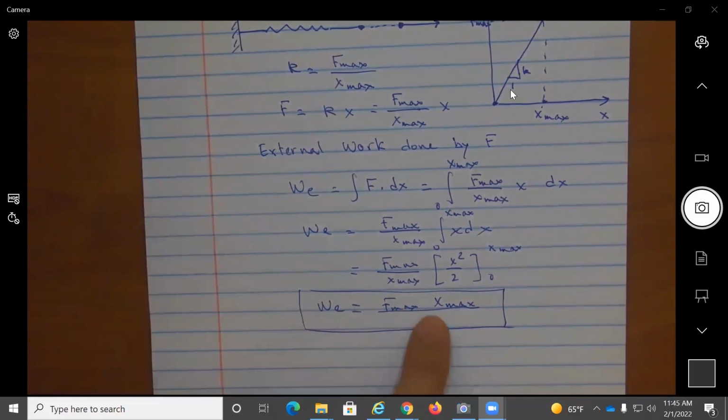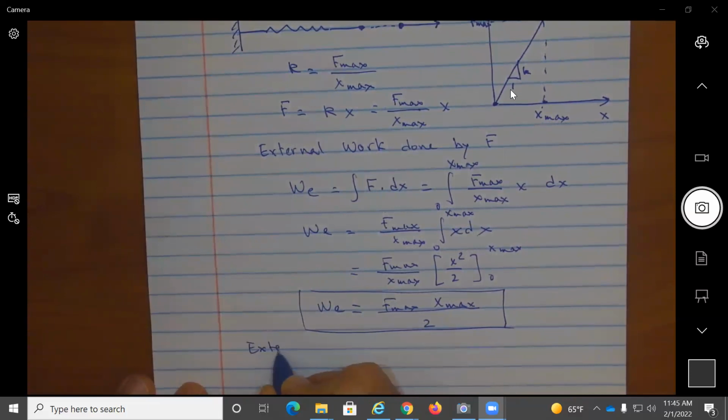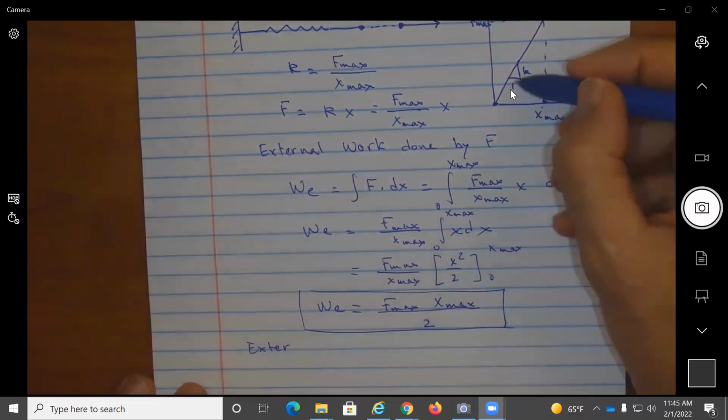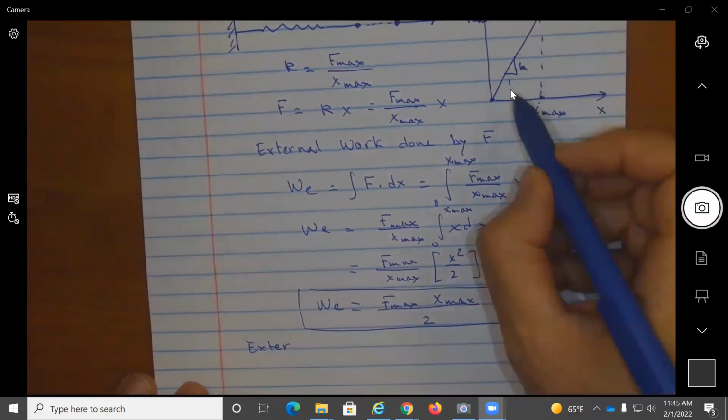If you look at this, we can see that this is the area of this triangle, right?